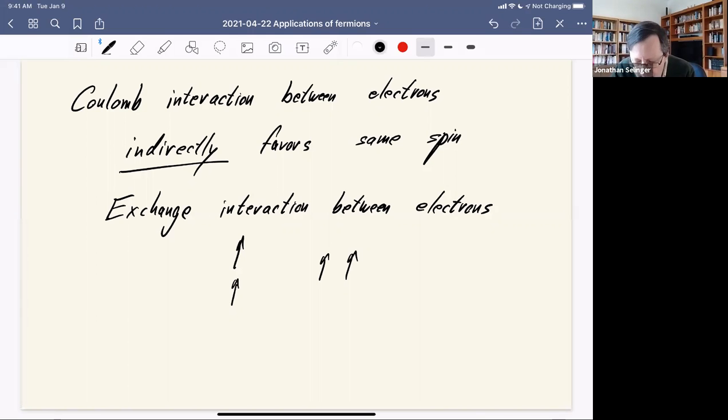And so this does explain the effect of ferromagnetism. So this is another way in which the fermion character of electrons becomes very important.